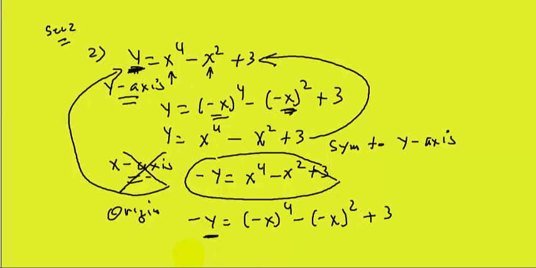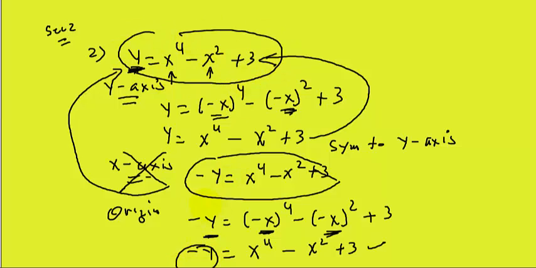So there's nothing to clean up here to get a negative y. Well, when I clean this up, that just becomes positive x to the 4th. When I clean this up, I'm going to get x to the 2nd plus 3. So the right-hand side's okay, but look at the left-hand side. That doesn't look the same as this one, so it is not symmetric to the origin, so it's only symmetric to the y-axis.